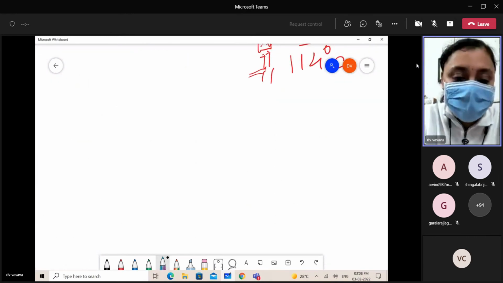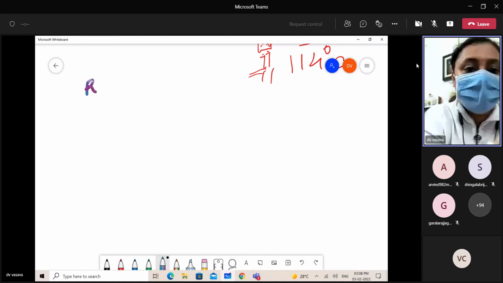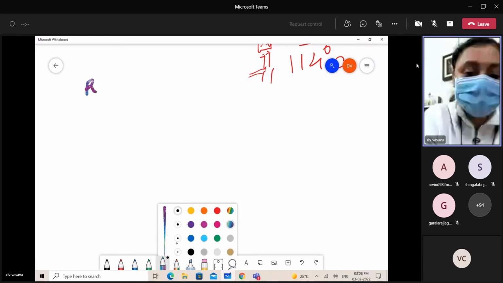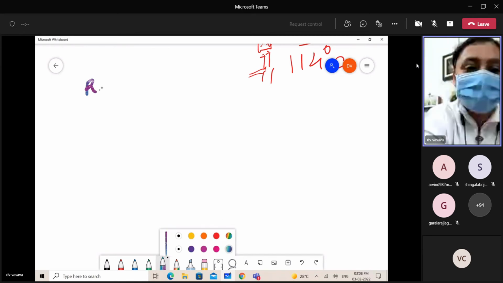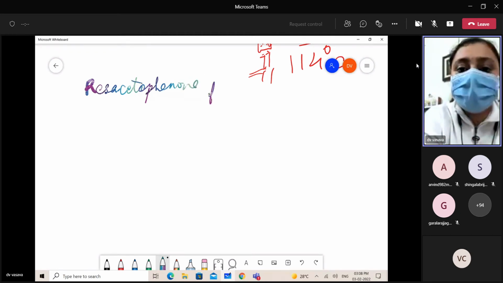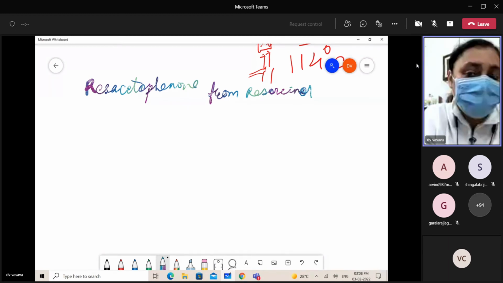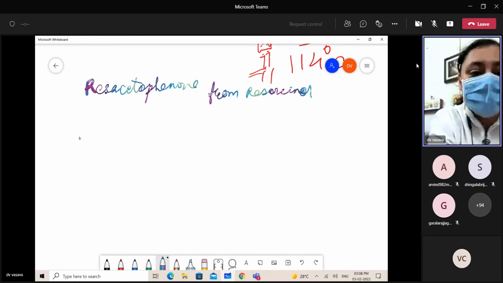Our second preparation for today is resacetophenone from resorcinol. As sir said, this is also an acetylation process, and our general equation goes like this.